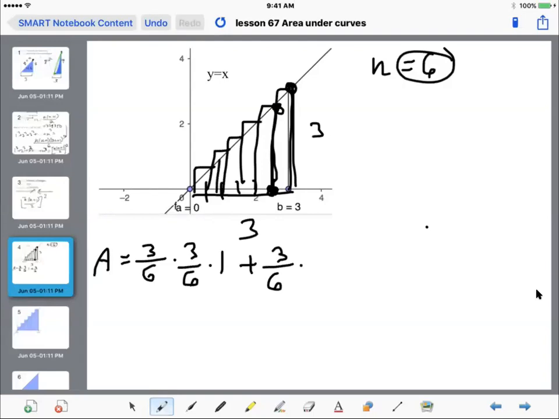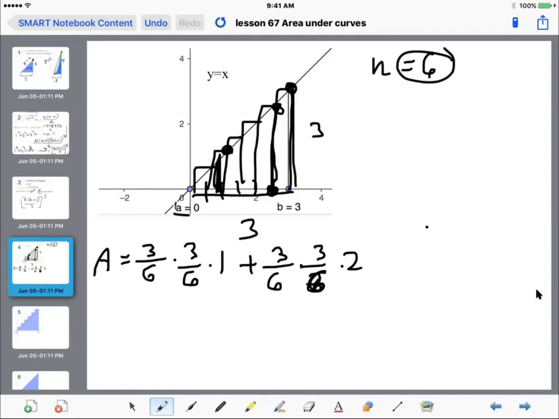What is the height of this shaded in rectangle? Hint, it's whatever the y coordinate of that point is. Yes, it's 1, which we could write as 3/6 times 2. Writing it as 1's fine also, but you'll see why I'm going to write it as 3/6 times 2.